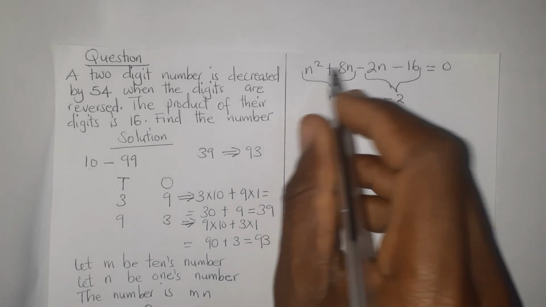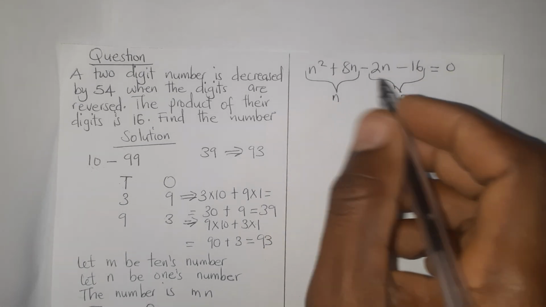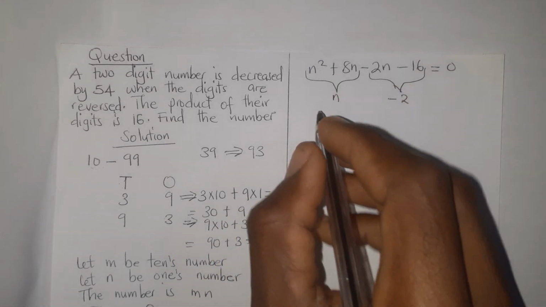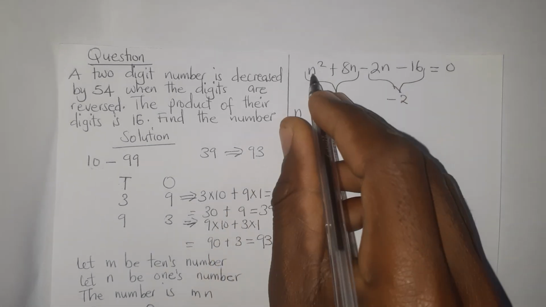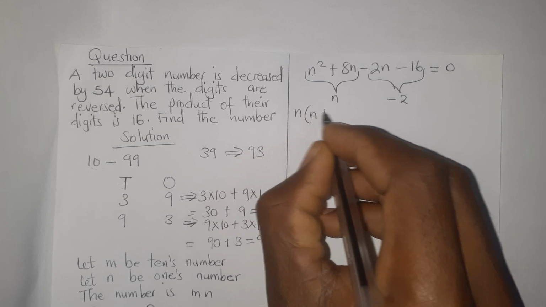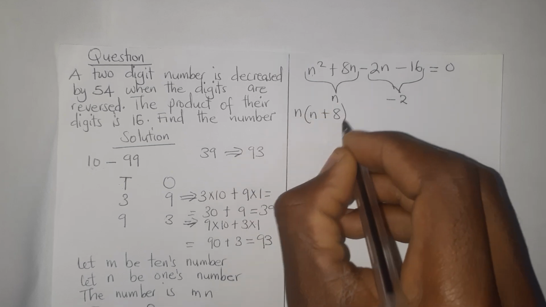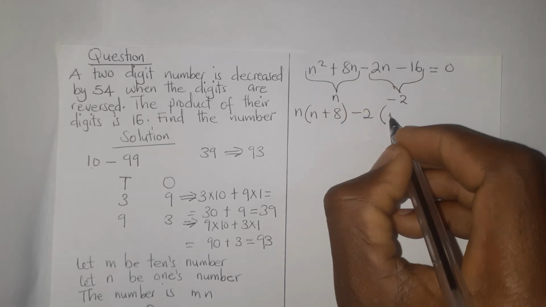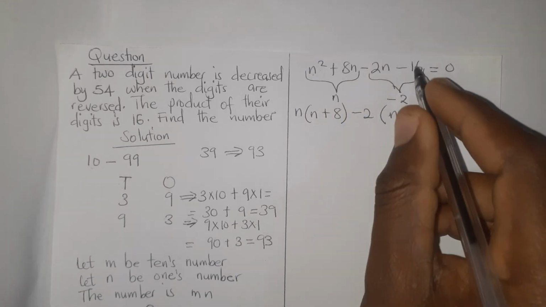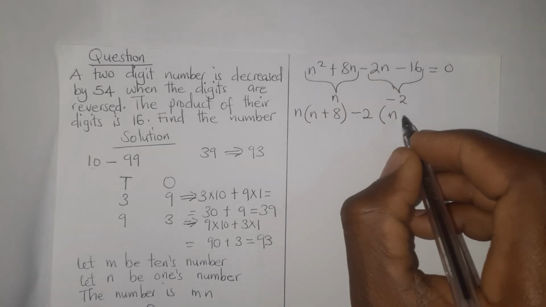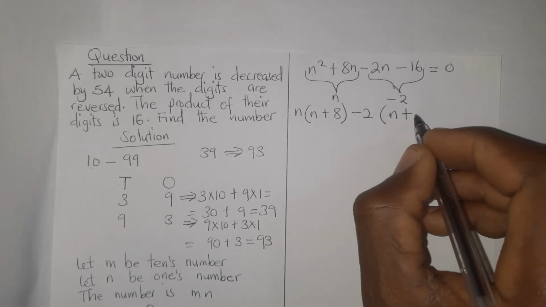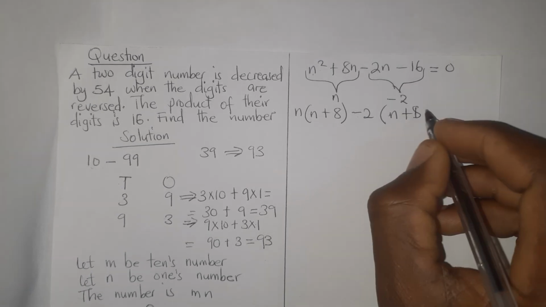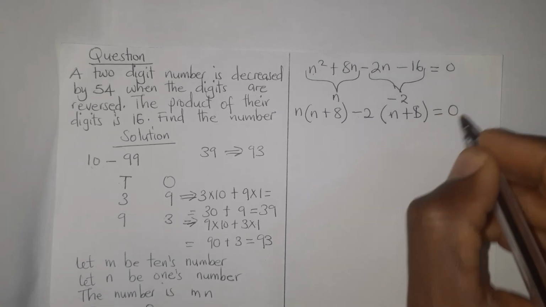Now this is called factorization by grouping. We group into two. n into this one is n plus, into this one is 8; this is negative 2, bracket into negative 2n is positive n, negative 2 into negative 16 is positive 8, equals 0.